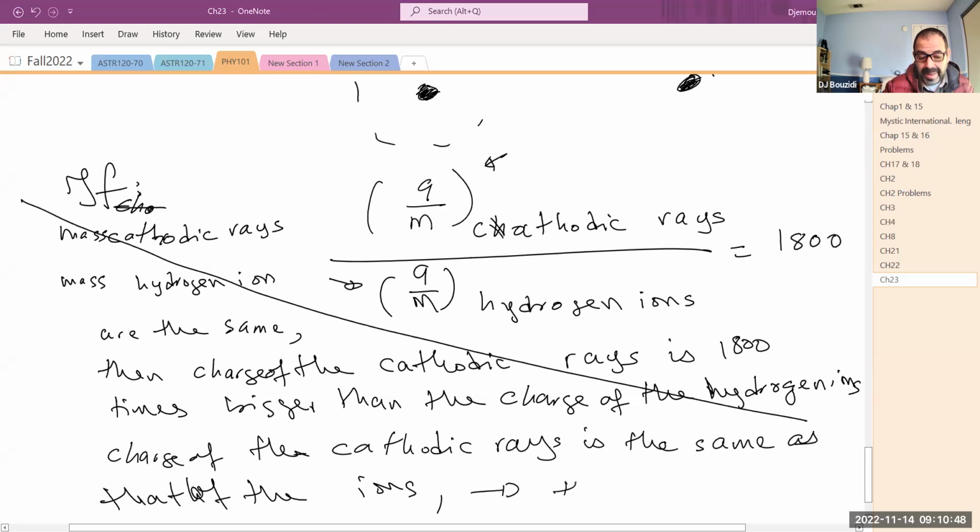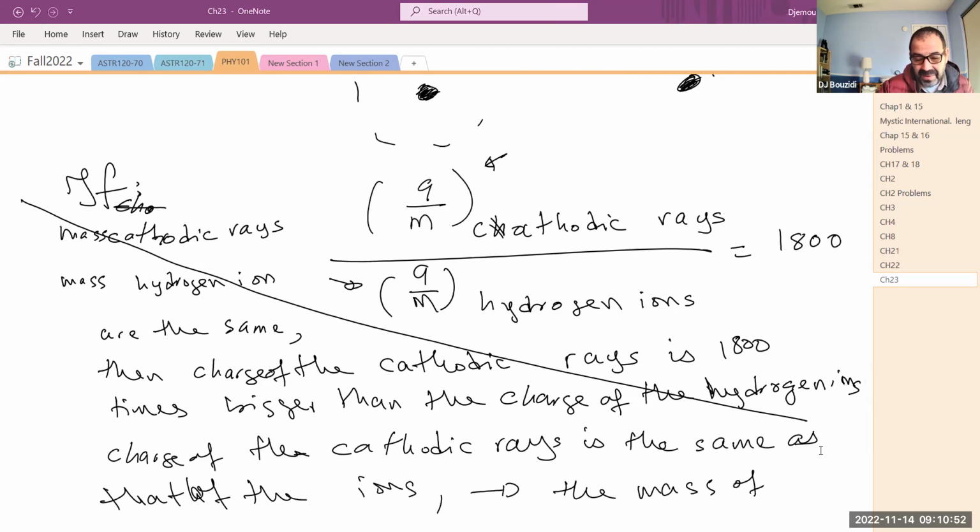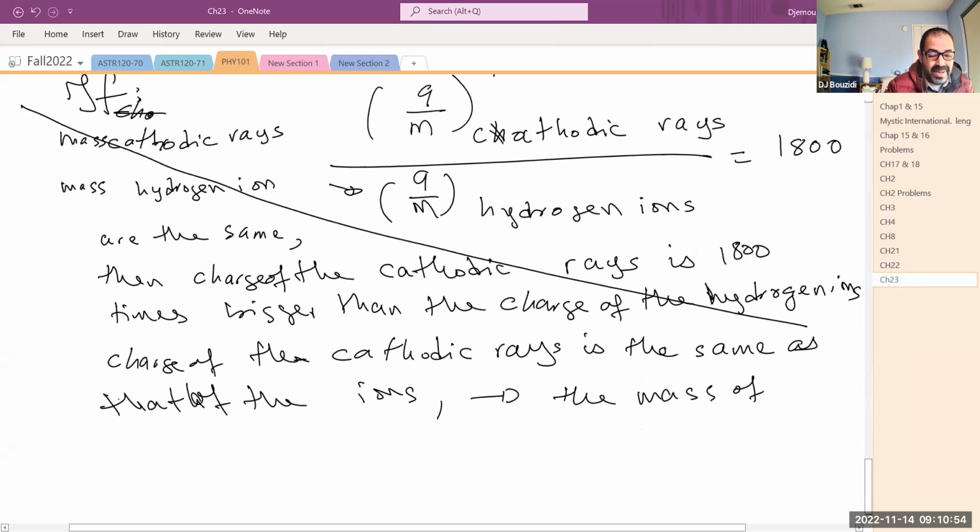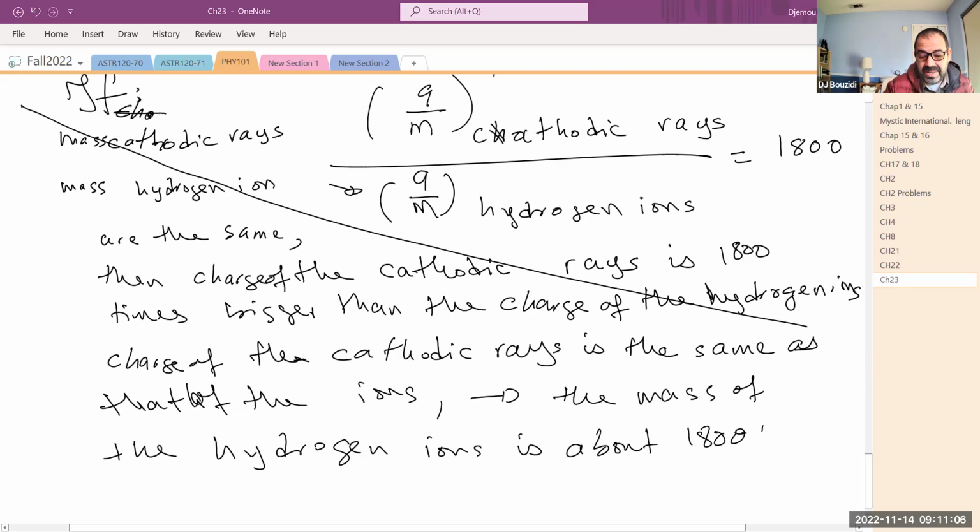Therefore, the mass of the hydrogen ions is about 1800 times that of the cathodic ions.